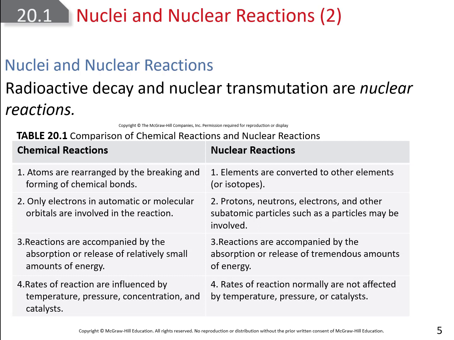In a chemical reaction, we can affect the rate of that reaction by doing things such as changing the temperature, changing the pressure, changing the concentration, adding catalysts. But with a nuclear reaction, that rate of reaction is unaffected by these factors. You can't change the rate of a nuclear reaction by increasing the temperature or by adding a catalyst. So this table is on the bottom of page 924, just comparing the two types of reactions.